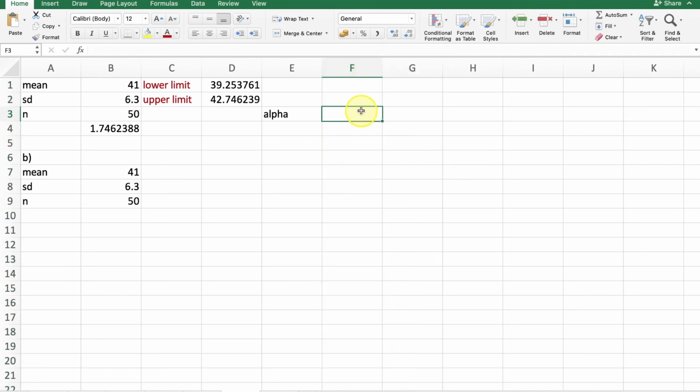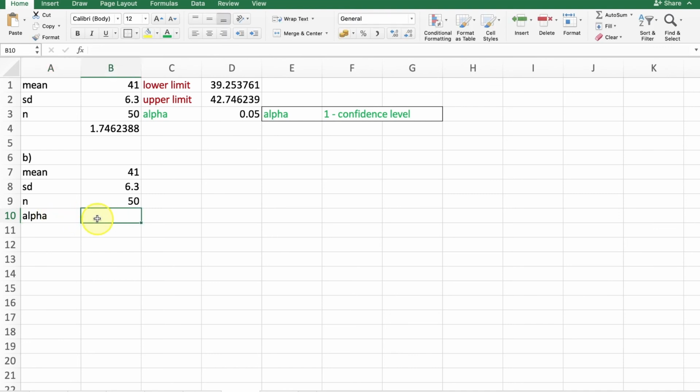Alpha equals 1 minus confidence level. For problem number 1, alpha is equal to 0.05.